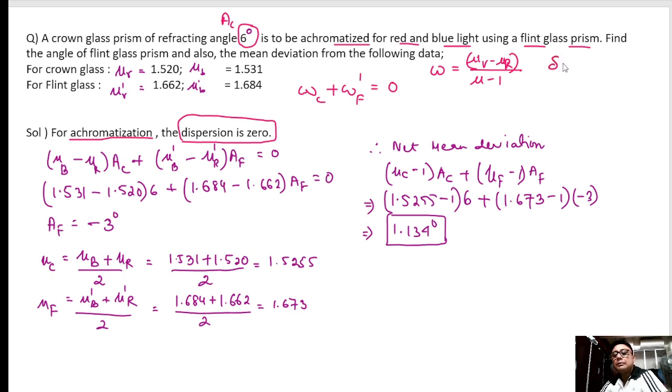And also please note here, the net deviation is sigma v minus sigma r, which is mu minus 1 A. That means it is mu v minus mu r into A. Clear?